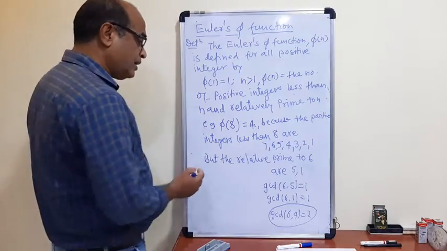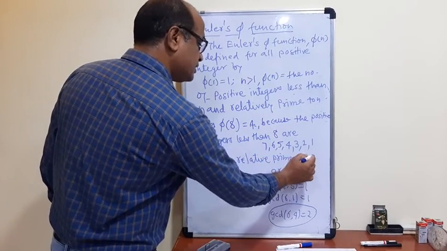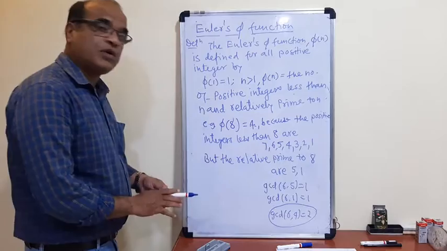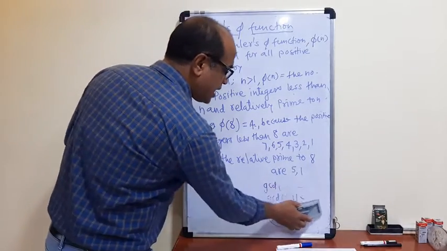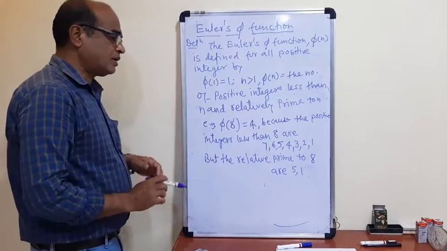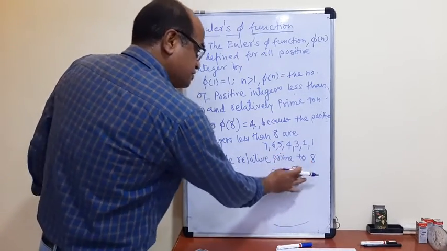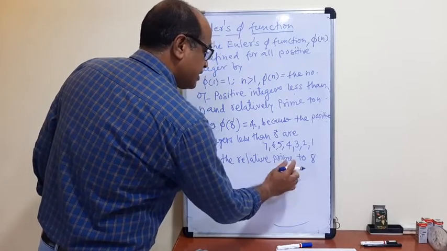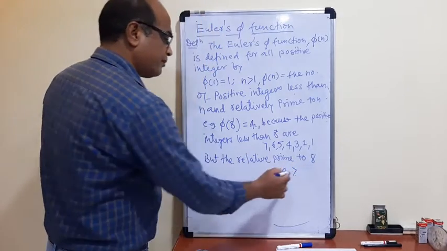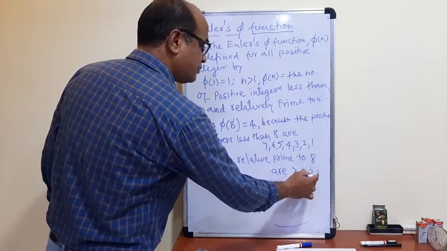But the numbers relatively prime to 8 are what? Those are 7, then 5, then 3 and 1.